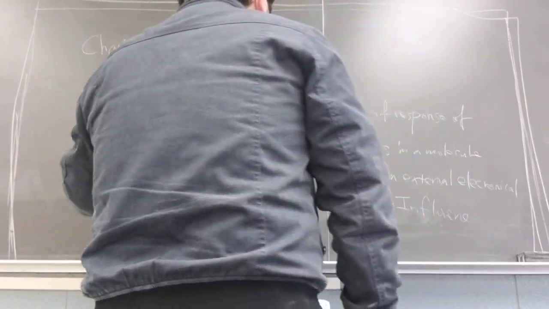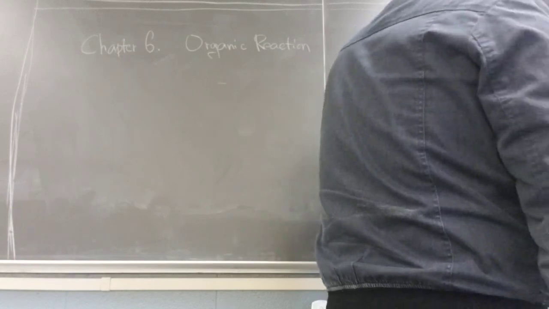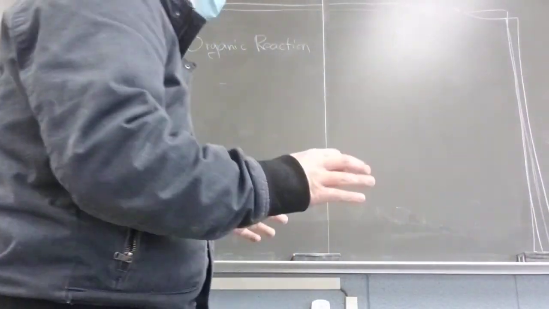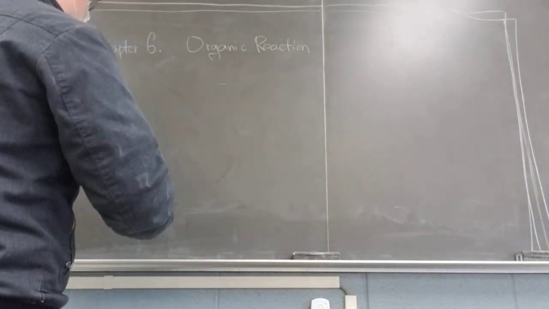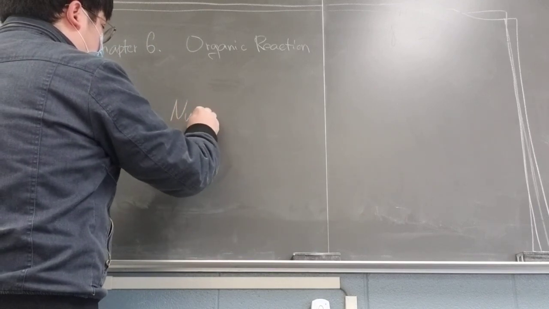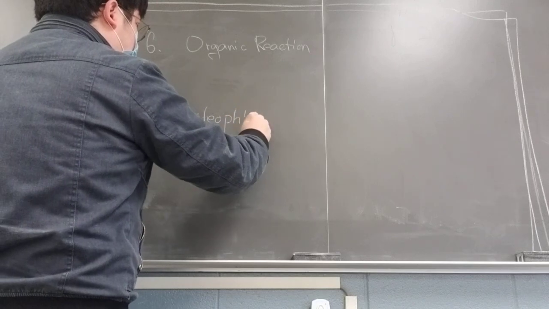All right, so this is the case. Okay. Oh, there's one more thing. I promise there's one more thing I want to do before we move on to the polar reaction. So there's one we call nucleophile. Okay.